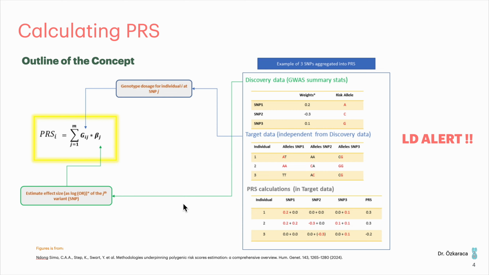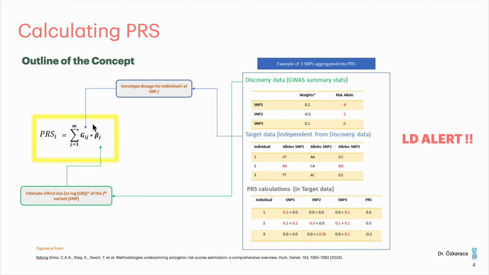Polygenic risk score is calculated for each individual, and there are two components that matter here. One is the effect size estimates that are derived from GWAS studies, and the other one is the genotype values or genotype dosage for individuals.